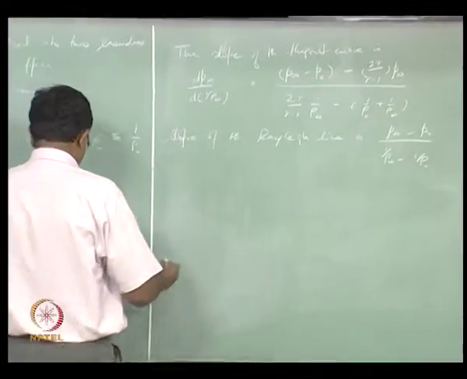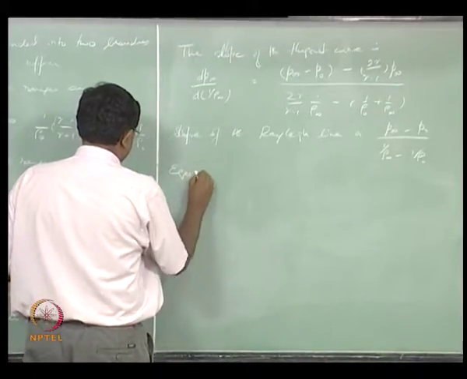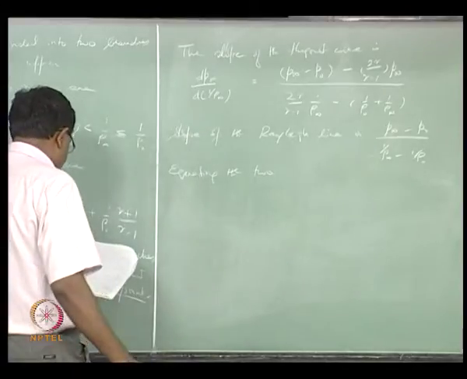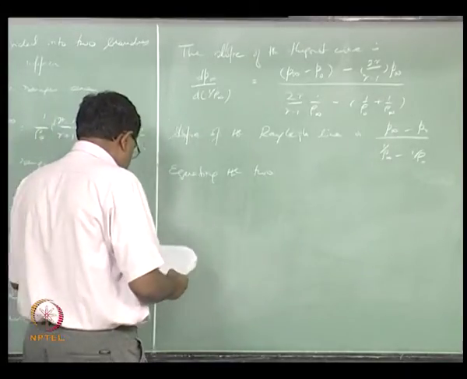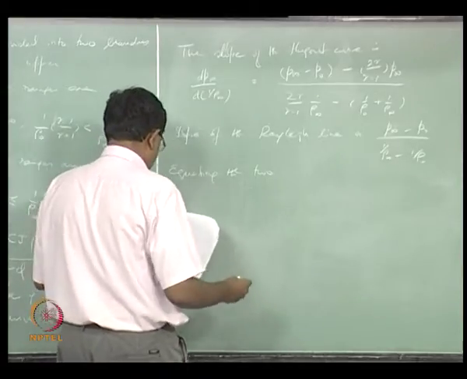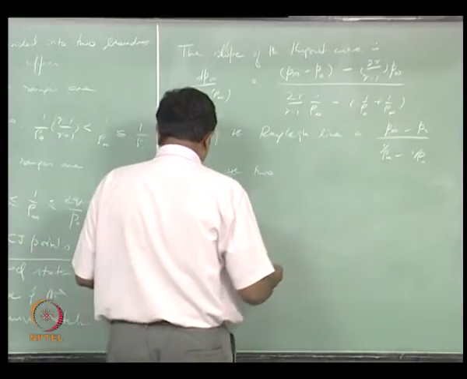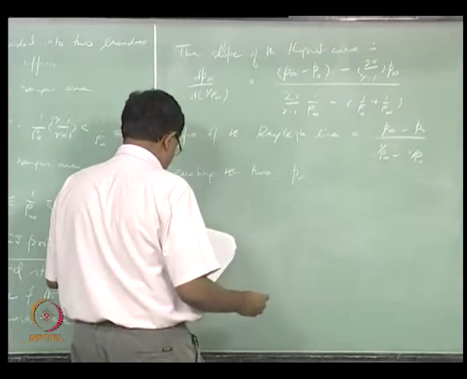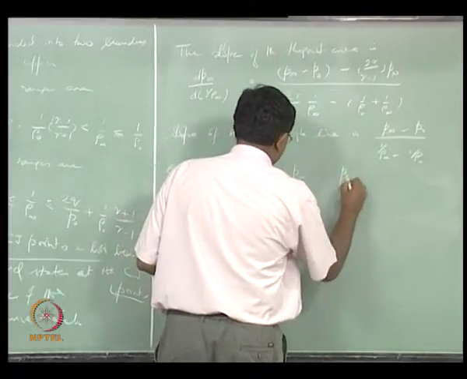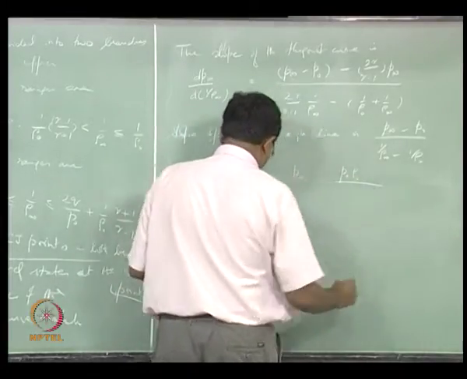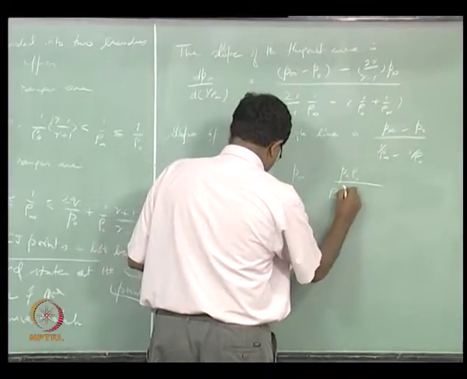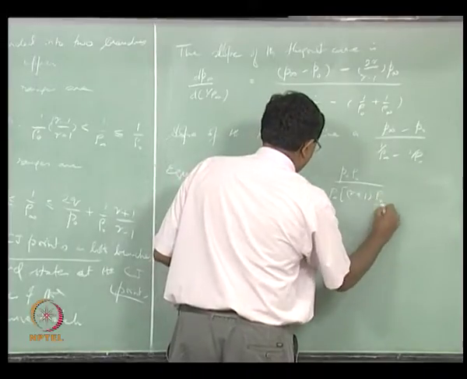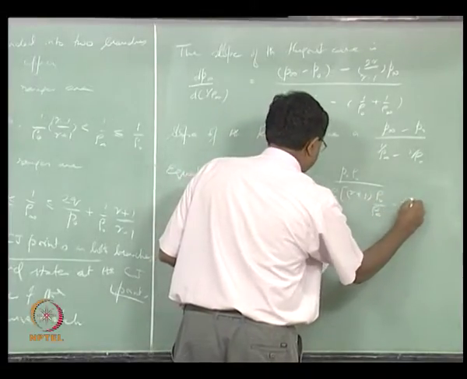So equating the two, we can get, for example, p infinity equal to p naught times (gamma plus 1) rho naught over rho infinity, divided by (rho naught over rho infinity minus gamma).